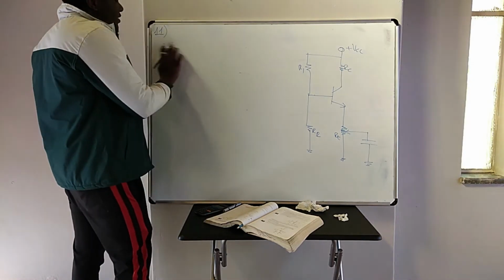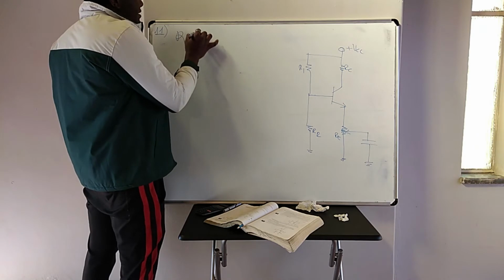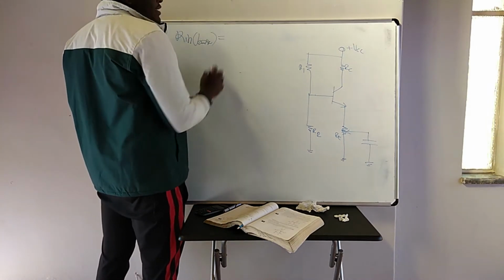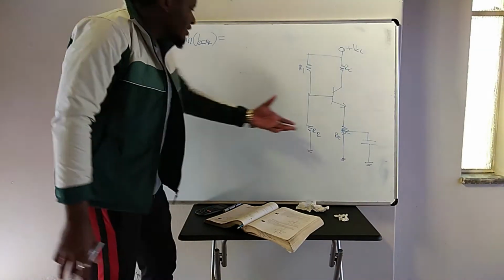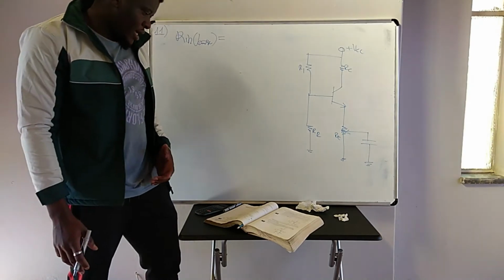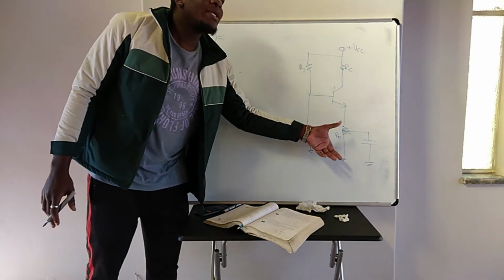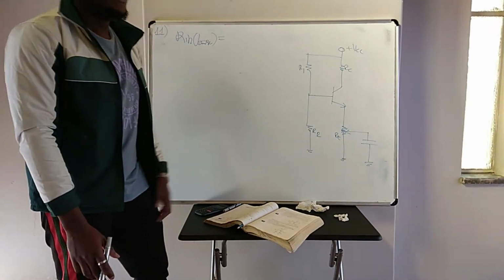So when I repeat question number 10, I say calculate R in base. Actually, sometimes when these questions come, the way they ask, like in question number 18, they're going to talk about maximum and minimum. But now they say across, we are here in the middle.